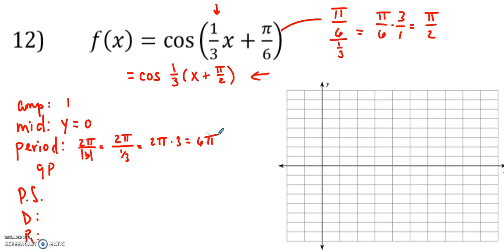So my period is 6 pi. My quarter period is my period over 4, which is actually 3 pi over 2. That's what all of my tick marks are going to be. And then my phase shift is going to go to the left, pi over 2. And let's do our domain and range really quick. Since we don't have any amplitude change, the range is still going to be -1 to 1.